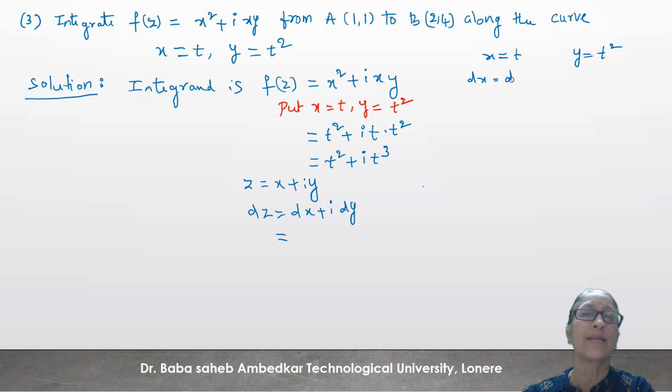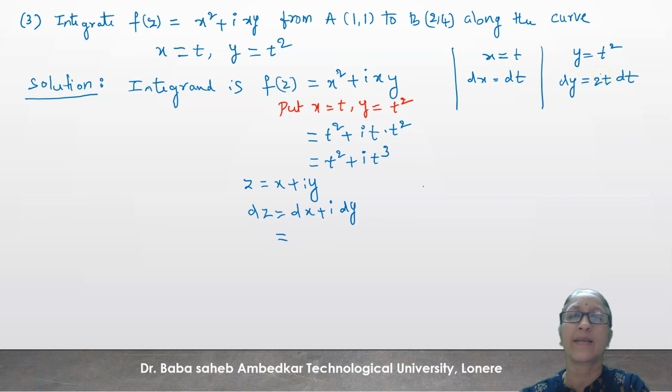Now dx equal to dt and dy equal to 2t dt. So dz is dt plus i into 2t dt, so dz equal to (1 plus 2ti) dt. This is dz.